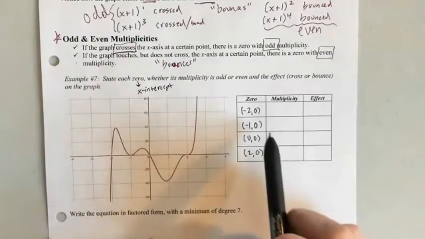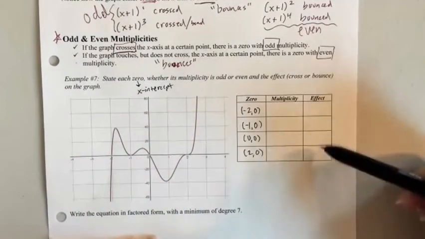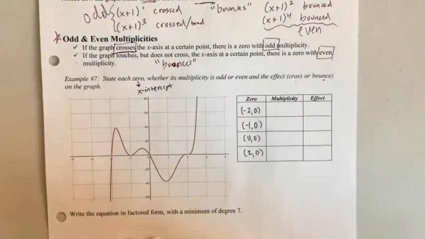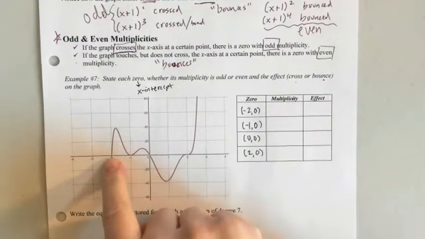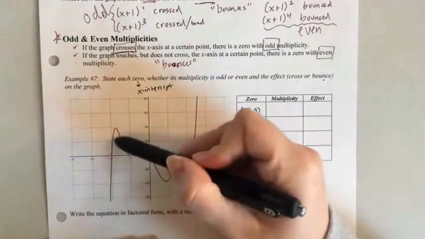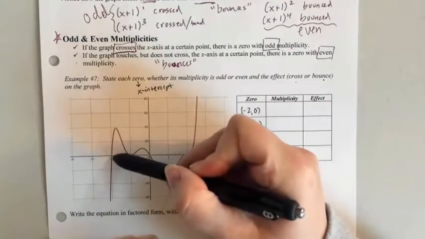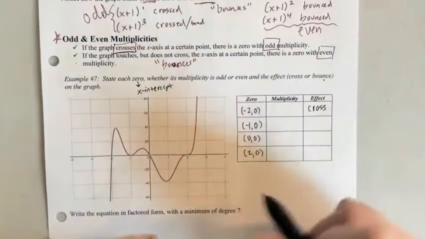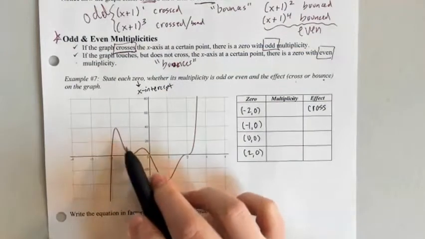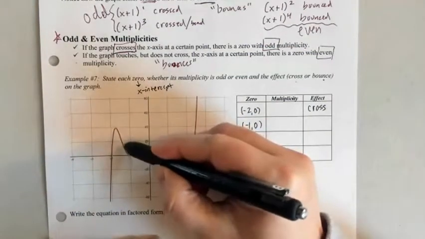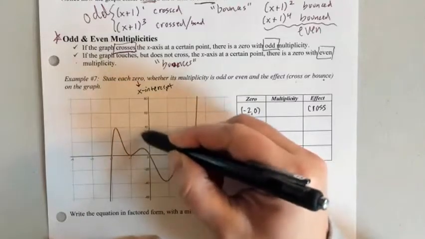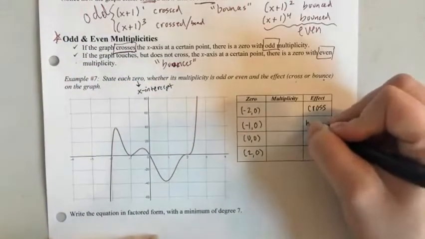All right, what's happening at each one of these? Are we seeing a cross or a bounce, which is then going to tell us what kind of multiplicity we have? Well, at -2, the graph is just crossing right on through, just like normal, it just passes through that point. So that's a cross. At -1, this does not cross here. It hits at -1 and then bounces back up and stays on that same side of the x-axis.